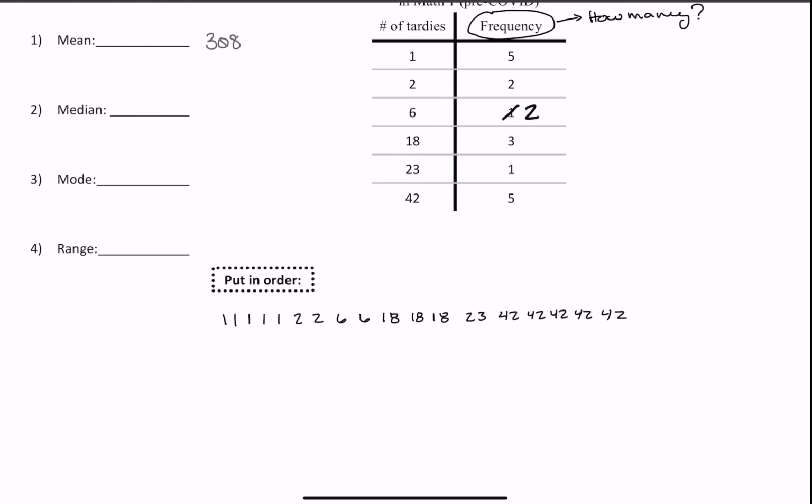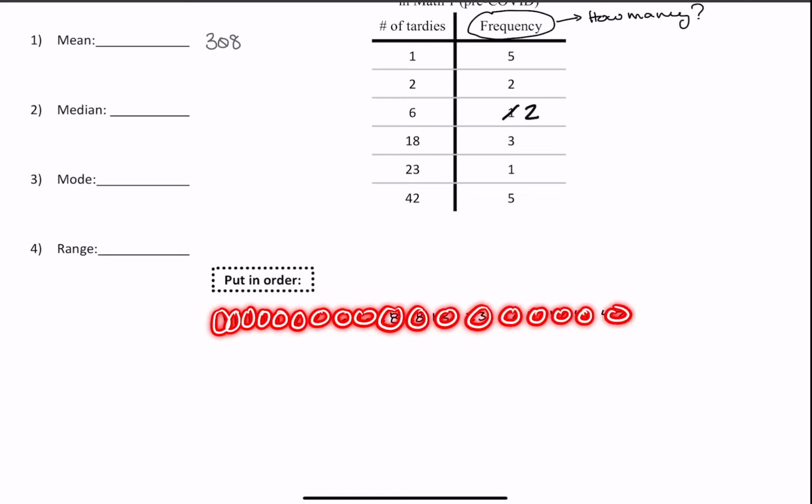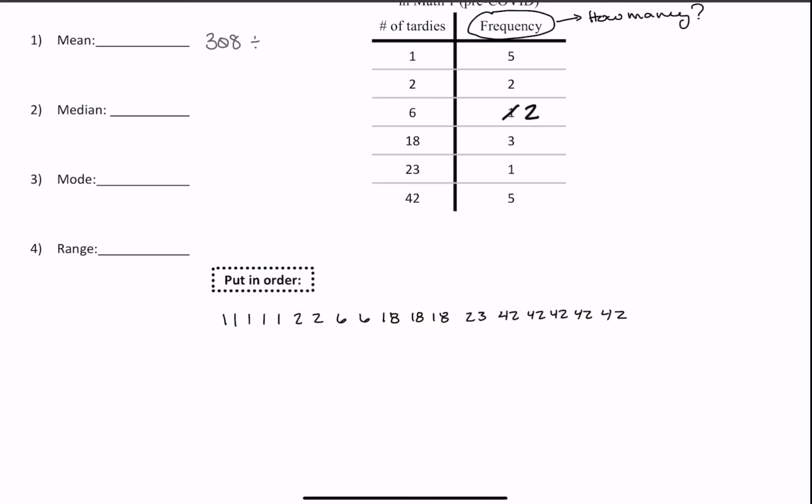308. And there should be 18 numbers. So let's double check. We got 1, 2, 3, 4, 5, 6, 7, 8, 9, 10, 12, 13, 14, 15, 16, 17, 18. Perfect. 18 numbers. And double check that my total's right because yesterday was not good. All right.